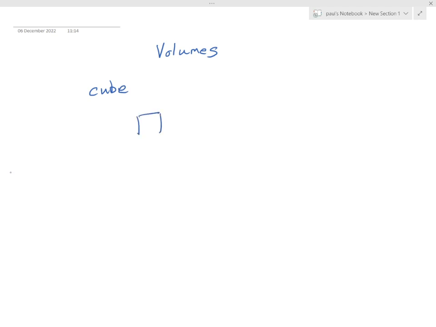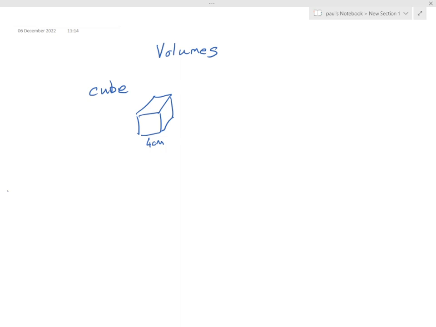And the way to work out the volume of a cube, knowing that everything is the same size, it's going to be just as simple as this. If that was 4 centimeters on the bottom, all the sides of a cube are the same.